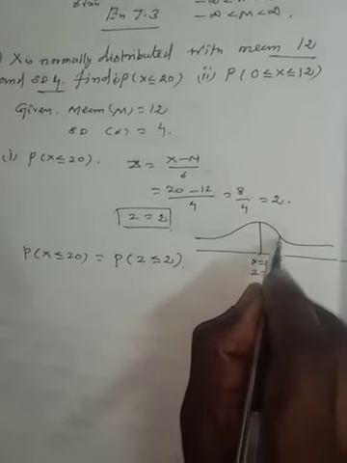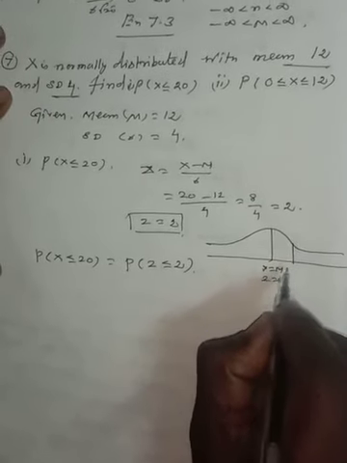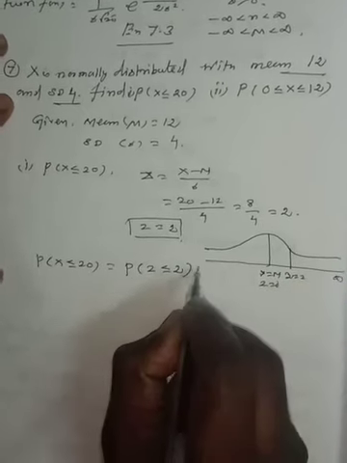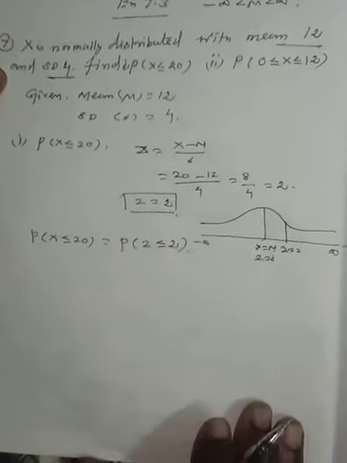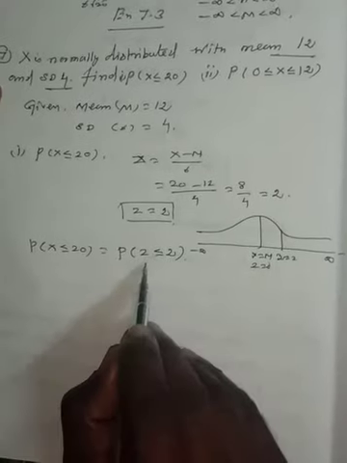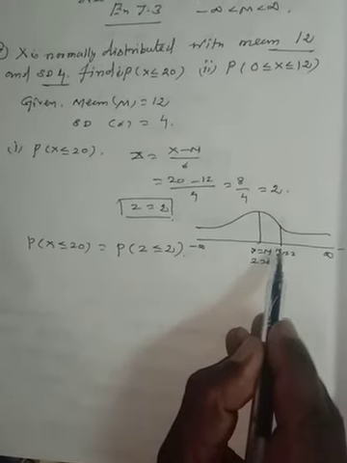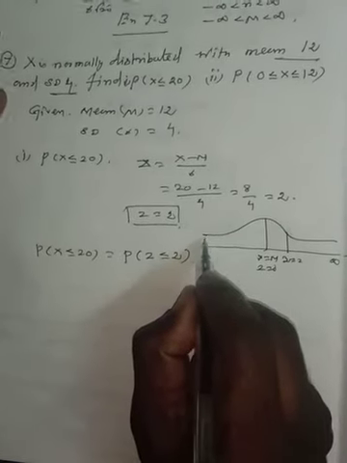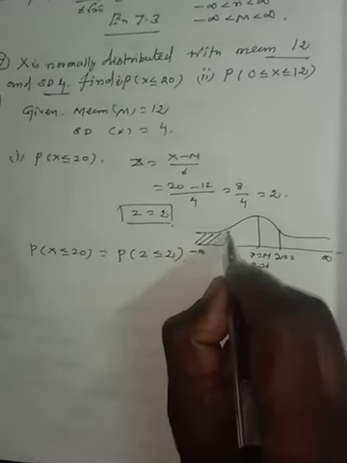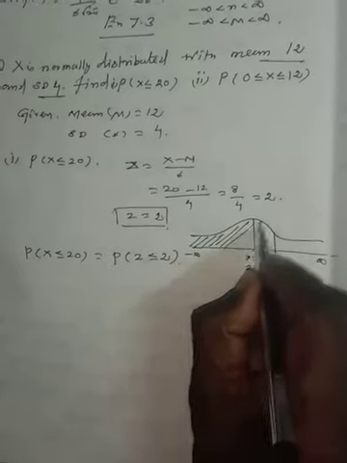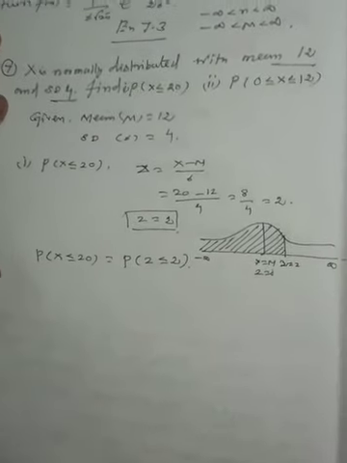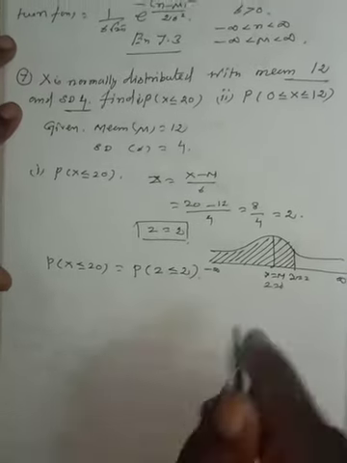Now z is equal to 2 on this side, infinity on this side, minus infinity on the other. So z is less than or equal to 2.